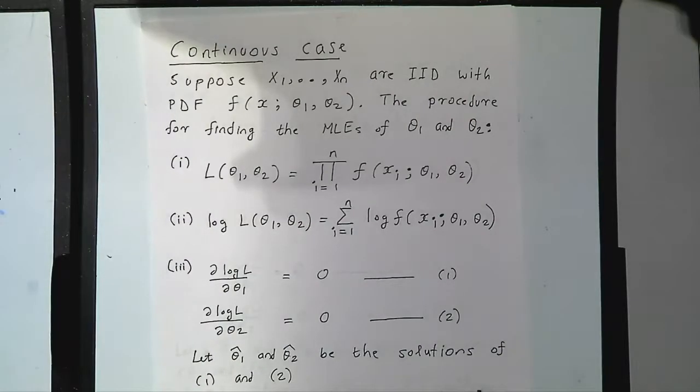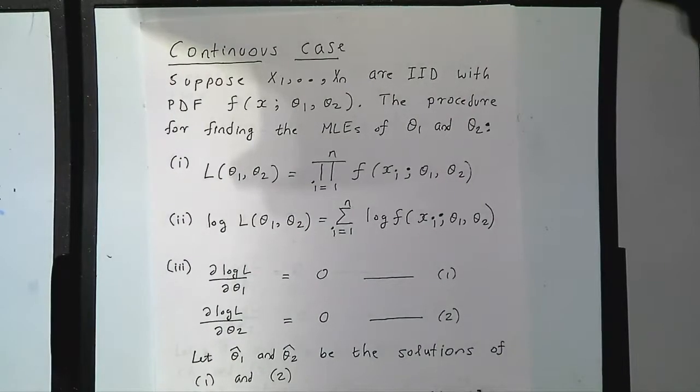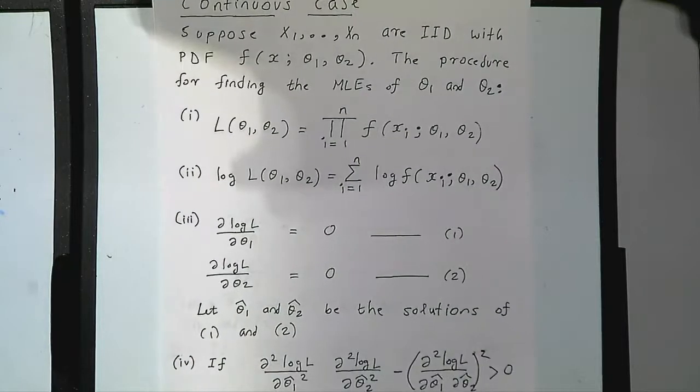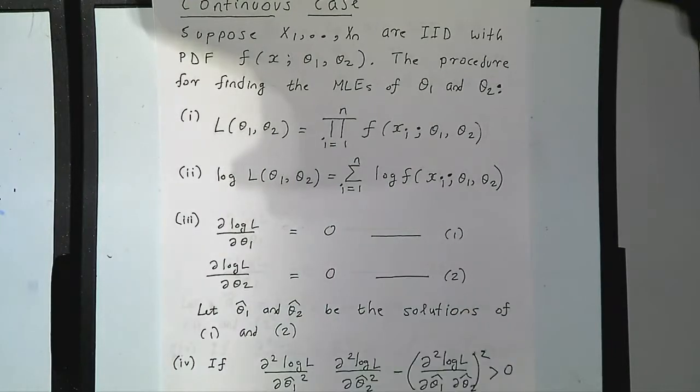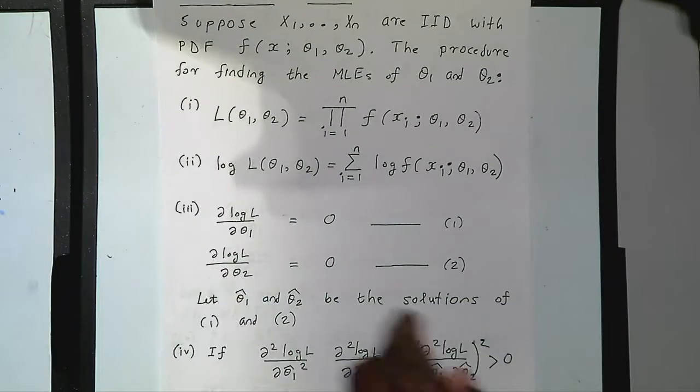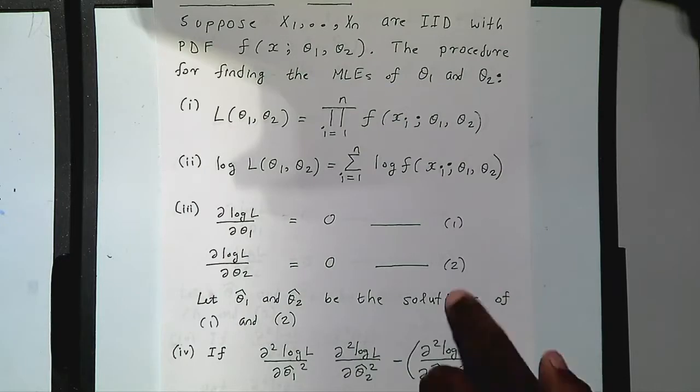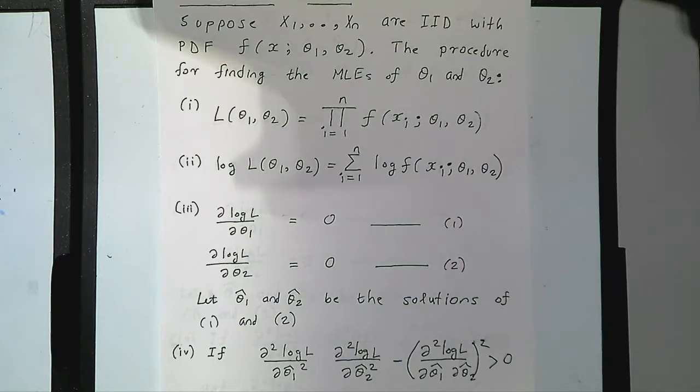In the continuous case, the procedure for finding the MLEs is a 4-step procedure. The first step is to write down the likelihood. The second step is to take the log likelihood. And the third step is to take the partial derivatives with respect to the 2 parameters, theta 1 and theta 2, and set them to be 0. So you have 2 equations, 1 and 2, and you solve these equations for theta 1 and theta 2.